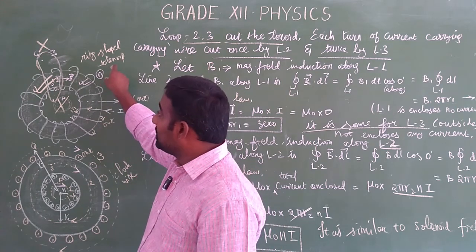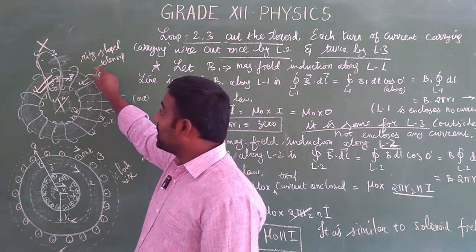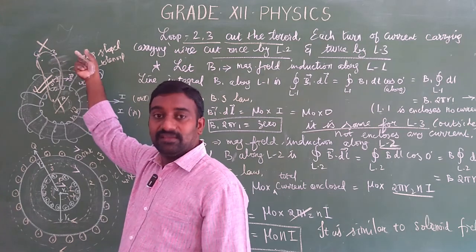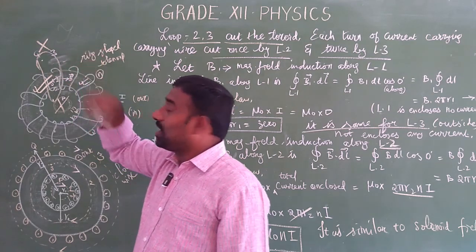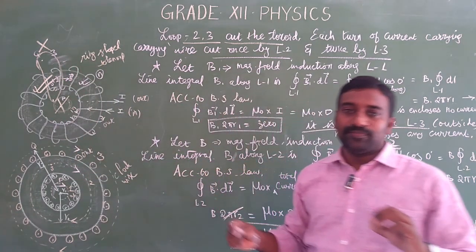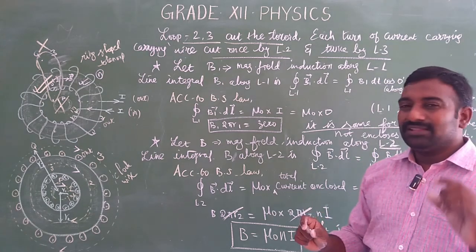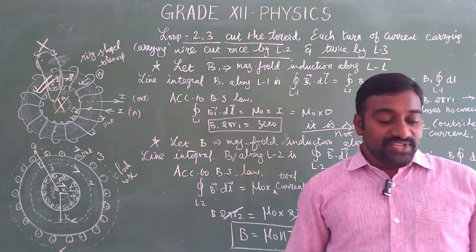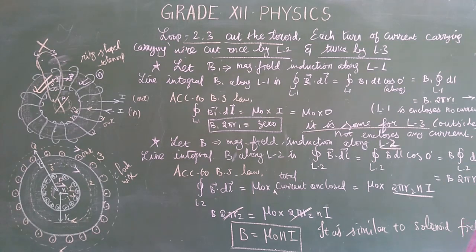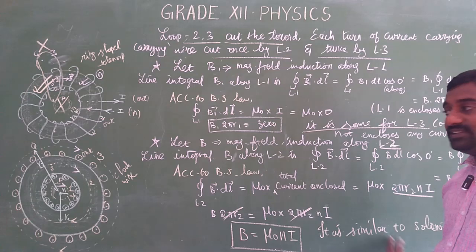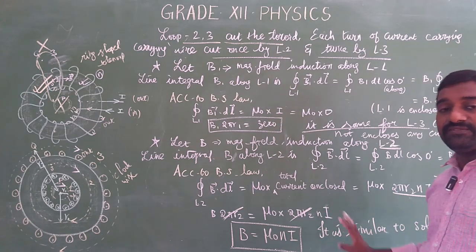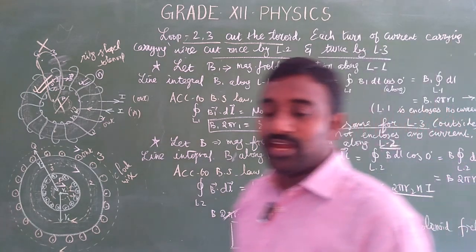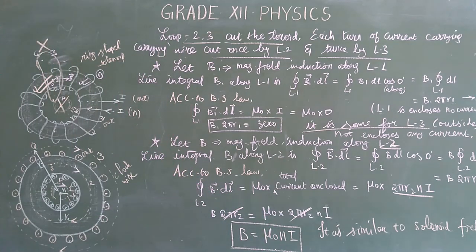Practically, in the case of a toroid, a little magnetic field will be present on the outside, not much, a small amount. Okay, the toroid's magnetic field is similar to that of a solenoid. Toroid and solenoid both have the same magnetic field. Thank you.